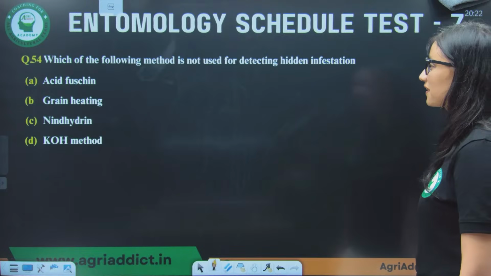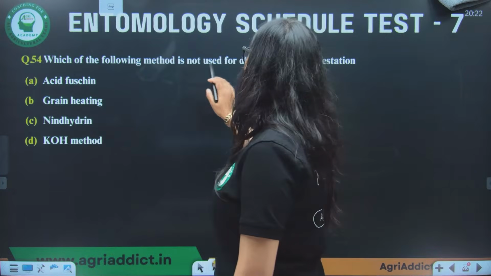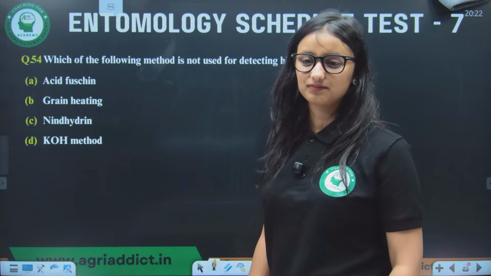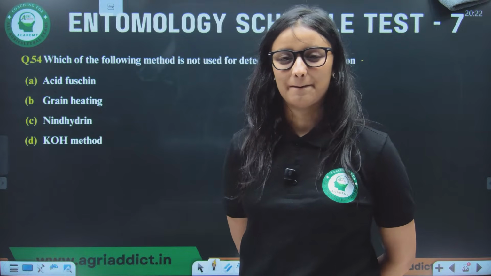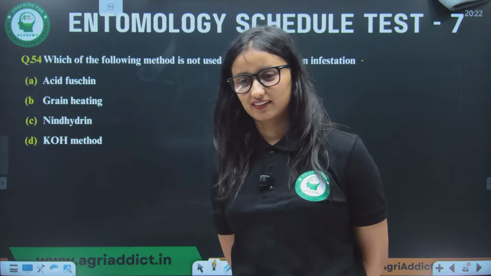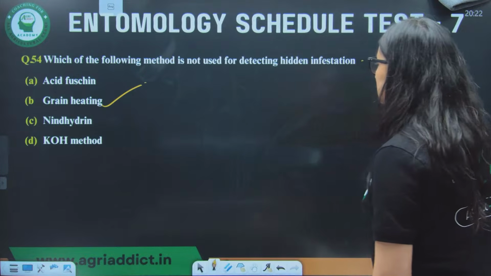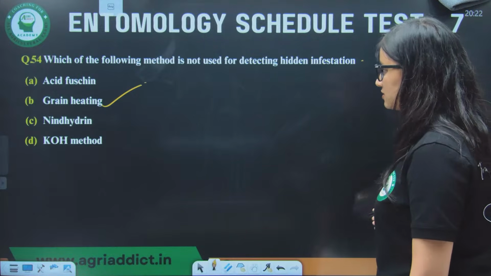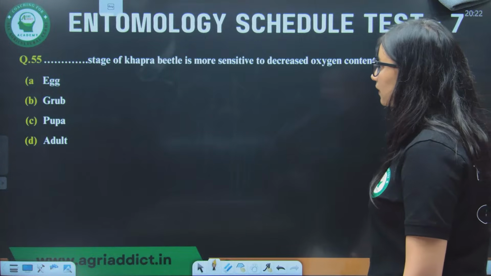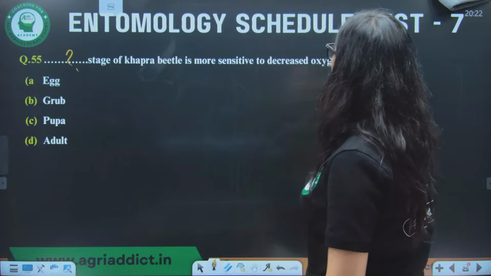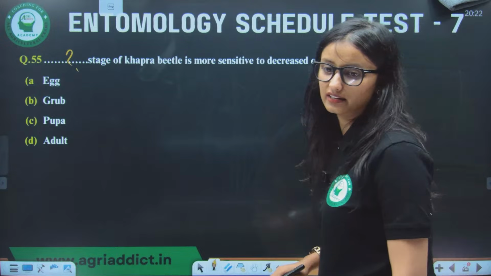Okay. Which of the following methods is not used for detecting hidden infestation? Yes, grain heating. Grain heating is the method that is not used for hidden infestation. Which stage of Khapra beetle is more sensitive to decreased oxygen content?